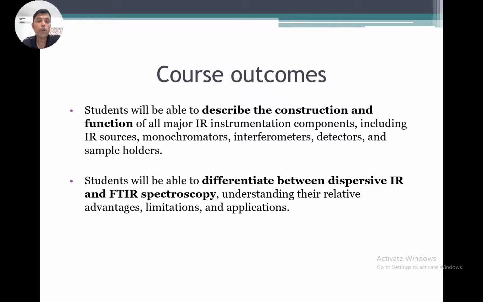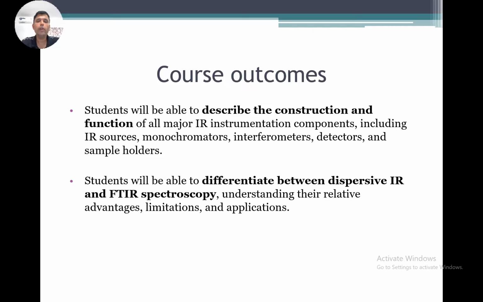So today's topic is the basic components of IR spectrophotometer. Upon completing this topic, you will be able to describe the construction and the functions of major components of IR spectrophotometer, which include the IR sources, monochromators, interferometers, detectors, and sample holders.